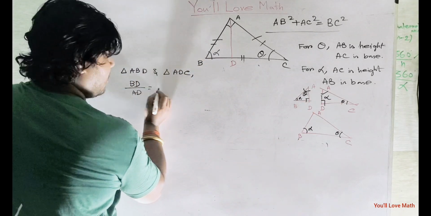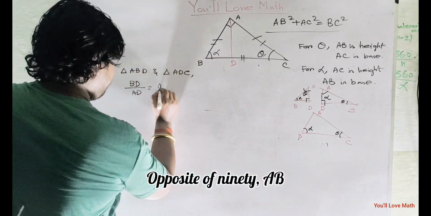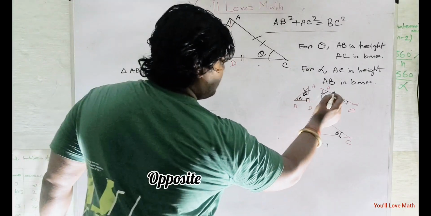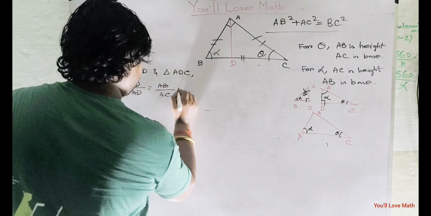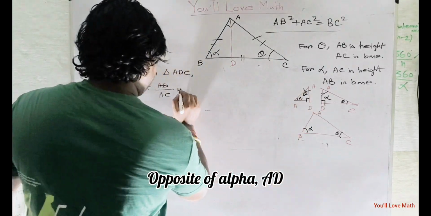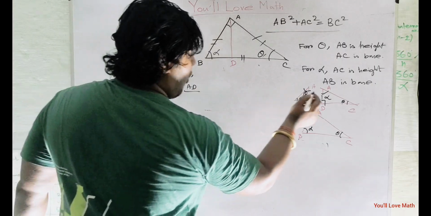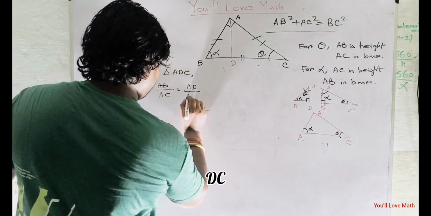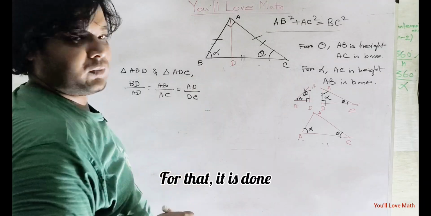Opposite of 90 is AB, opposite of 90 is AC. Opposite of alpha is AD, opposite of alpha is DC. For that it is done.